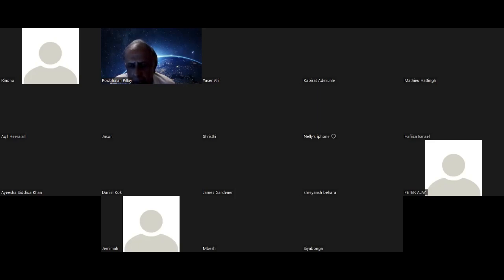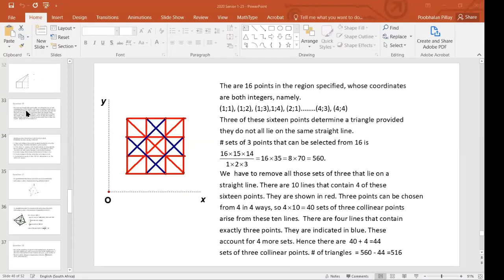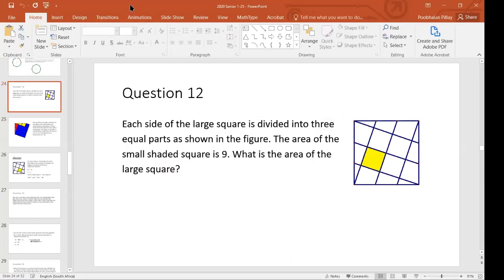I had a question here on areas. Can you see this?